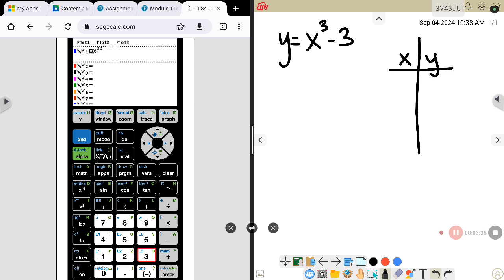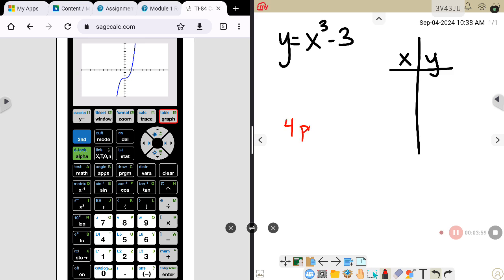Now that minus 3 is not in the exponent, but your cursor in your calculator still is. So make sure you go to the right arrow and then hit in your minus 3. So let's look at what this looks like. So remember, this cubic shape that is in MathLab, you're going to need 4 points from your table.